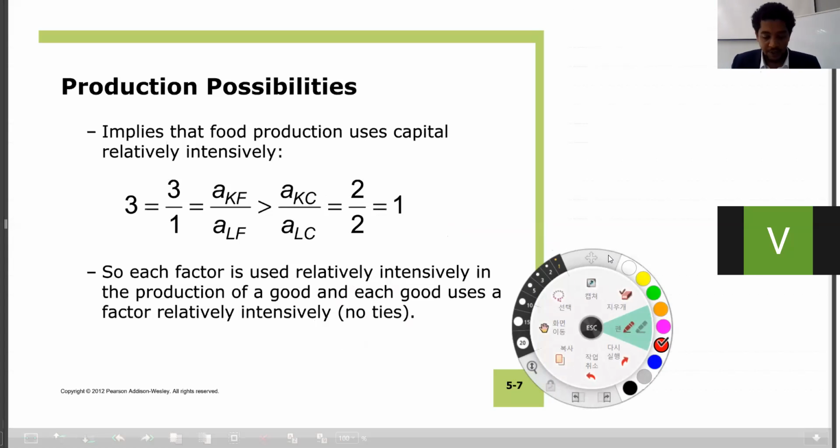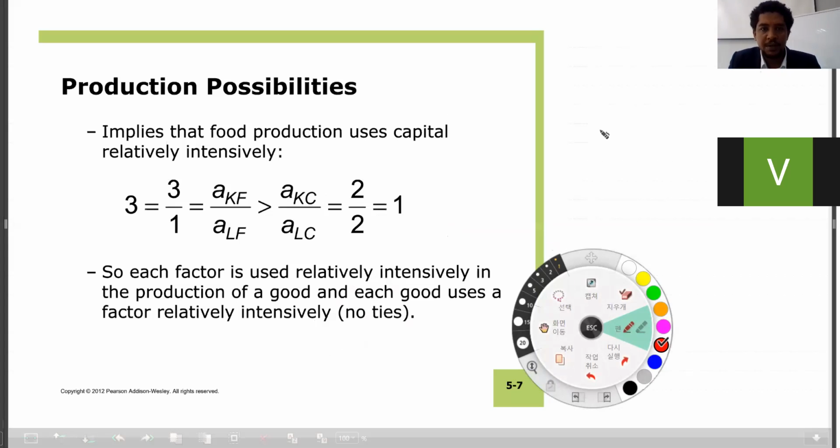Okay, and as we have said, it's clear that clothes is labor intensive because we have seen that clothes uses more labor than food. Then the other is it shows that food is capital intensive relatively, as compared to clothes, because food uses more capital.